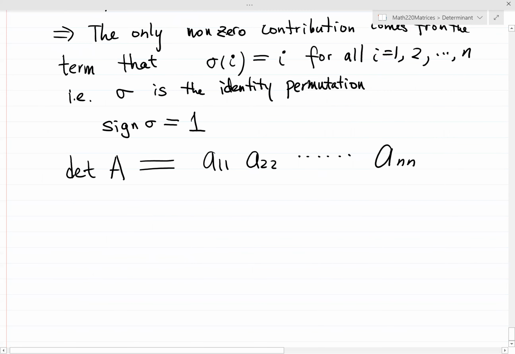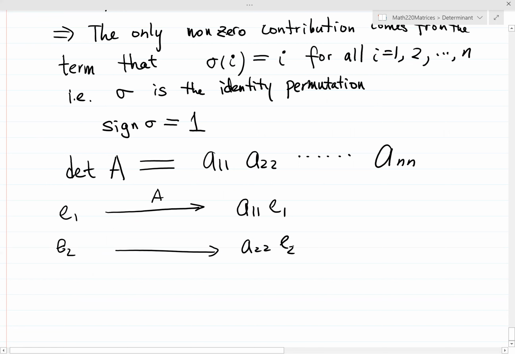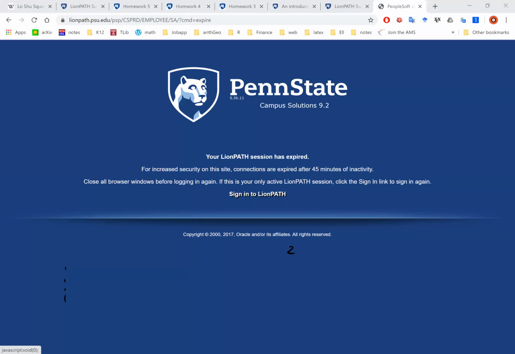Remember what the diagonal matrix does: we plug in E1, then we output A11 E1, okay? E2, we output A22 E2. Now, this means if you plug in the unit box, which corresponds to E1, E2, ..., En, then its sides are reskewed by a factor.